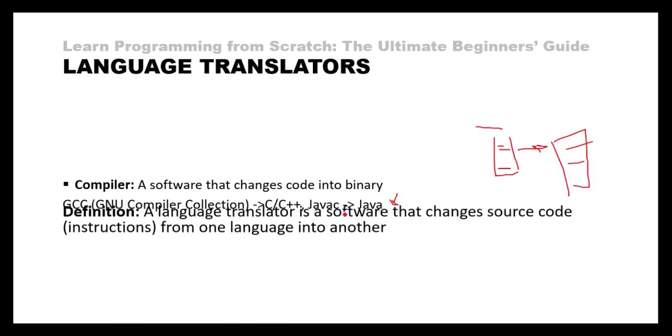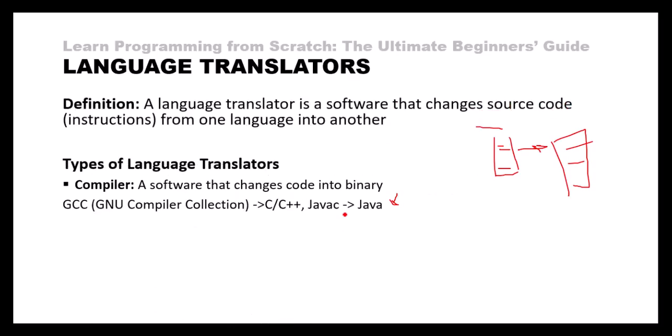After we look at a compiler, we should also come to understand an interpreter. An interpreter is also simply a software that changes source code into binary. It functions the same way that a compiler functions. It gets source code that you've written and converts it into binary.